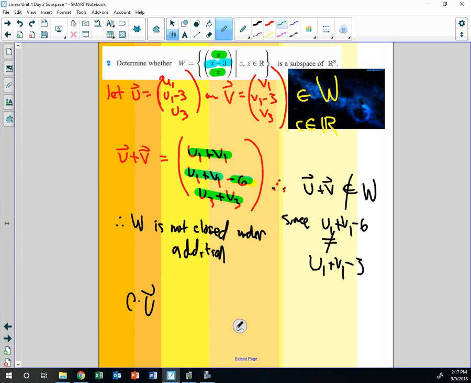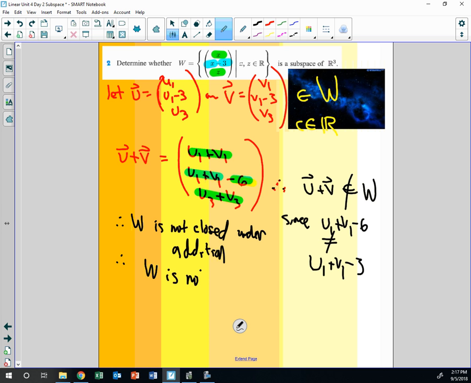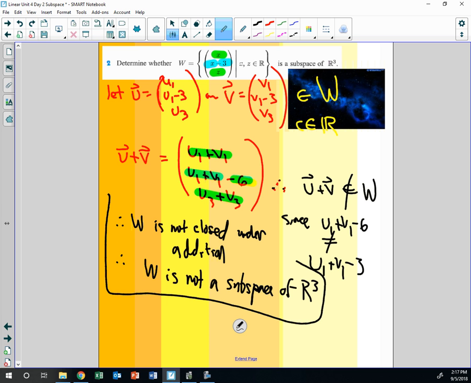But because it's not closed under addition, therefore, W is not a subspace of R cubed.